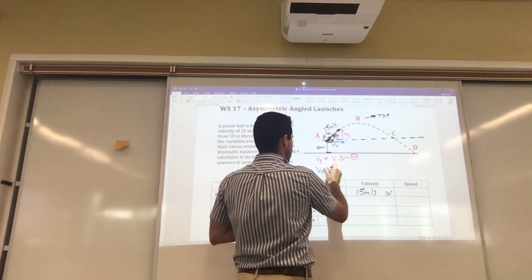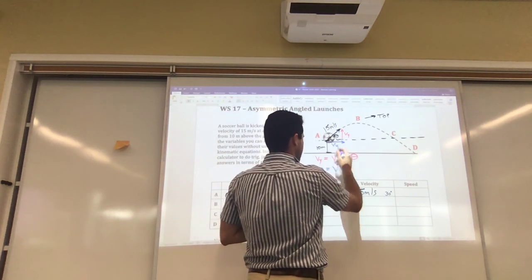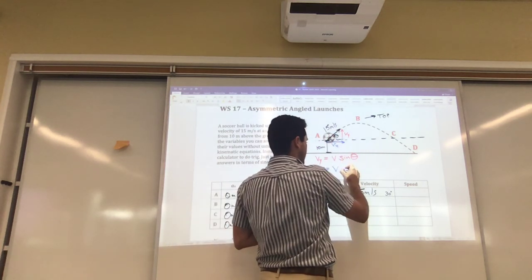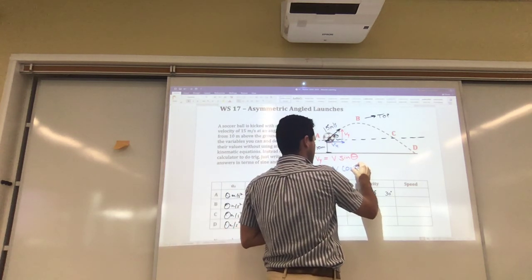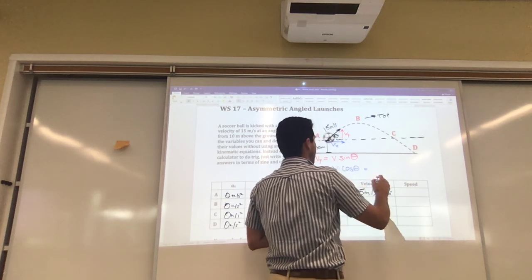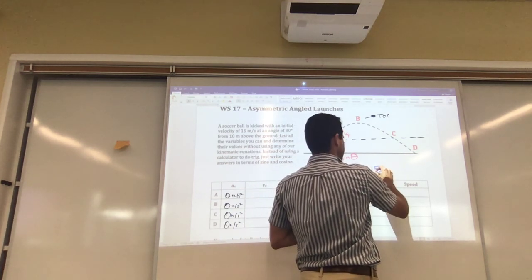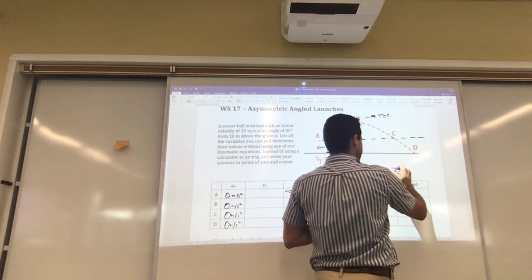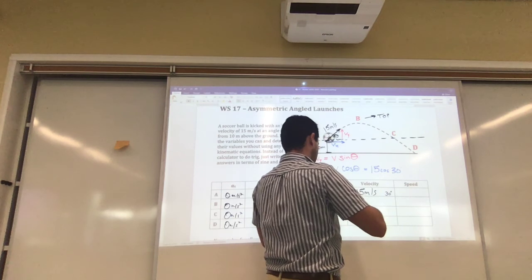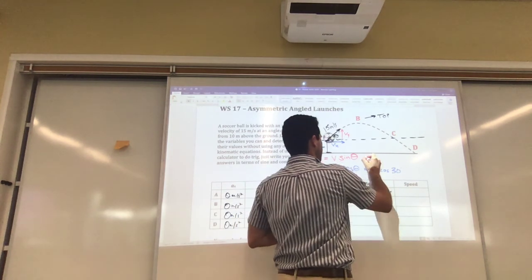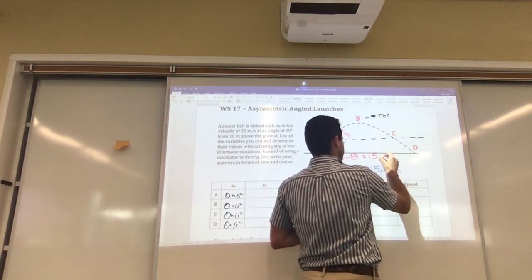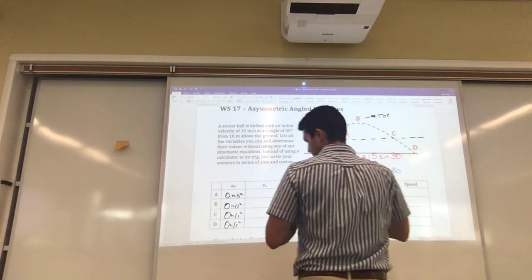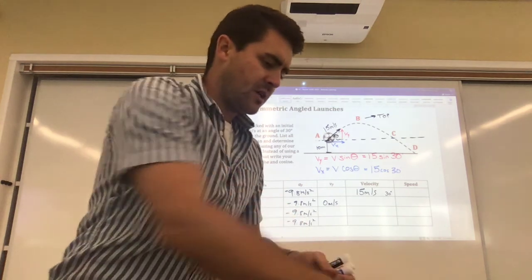Vx will be equal to the initial velocity, and this is the same side, or the adjacent side of the triangle, times the cosine of theta. I'm going to end up with this being 15 times the cosine of 30 degrees. And this will be 15 times the sine of 30 degrees. Go ahead and calculate those. I'll do the same.